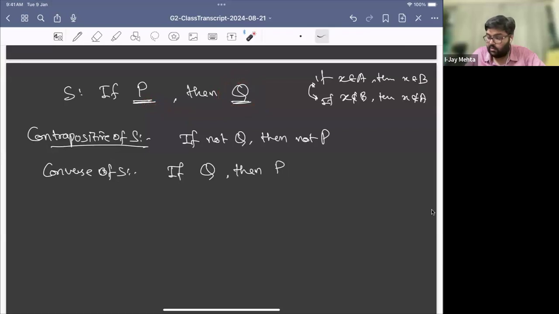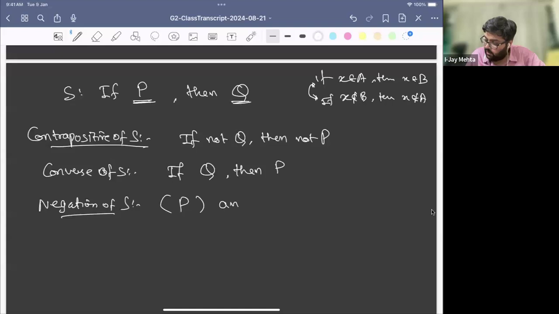That is a converse. And the negation of S will be, when do we say that S is not true? Right? The condition holds, but the conclusion is not there. In that case, we say that S is not true. So the negation of S will be: P is true and Q is not true.